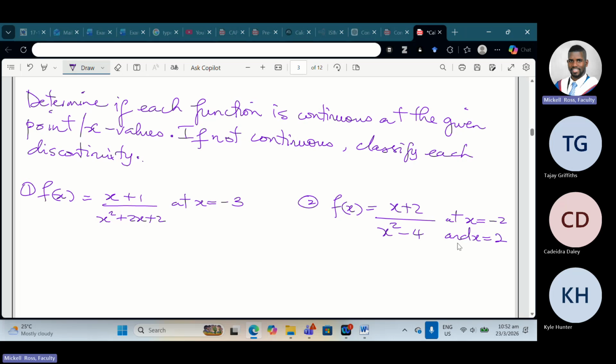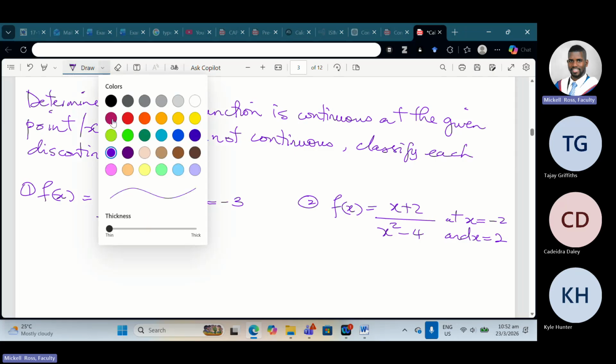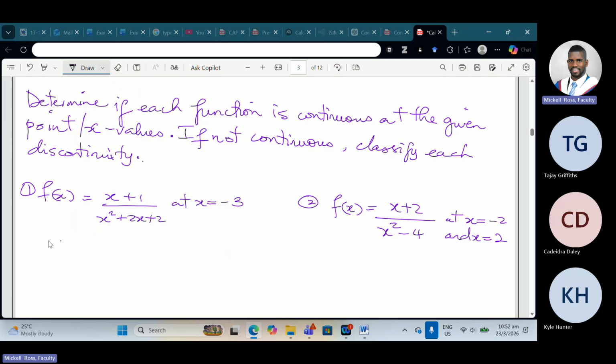All right, so for this one, we got two values of x, so we're going to check this one as well. Check and see what is happening. Let's look at what we would get for the solution. So f of -3 is going to be equal to -3 plus 1 over -3 squared, 2 times -3 plus 2.